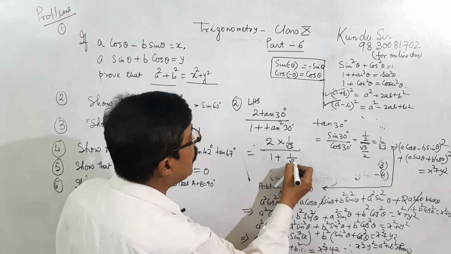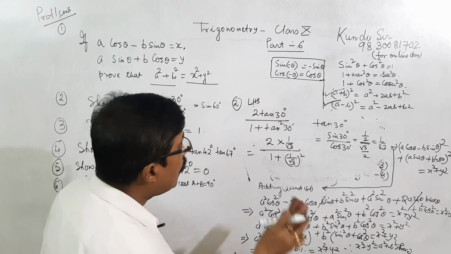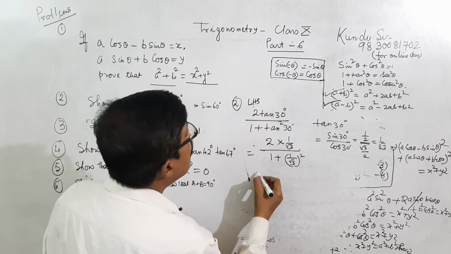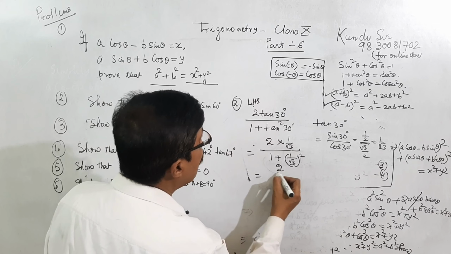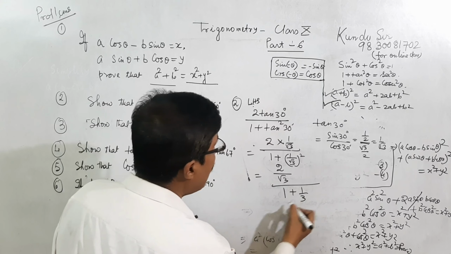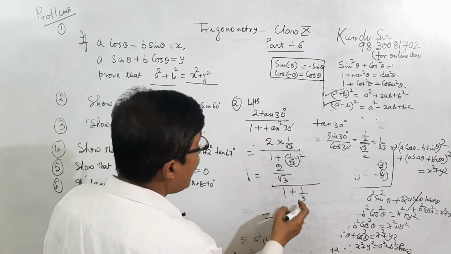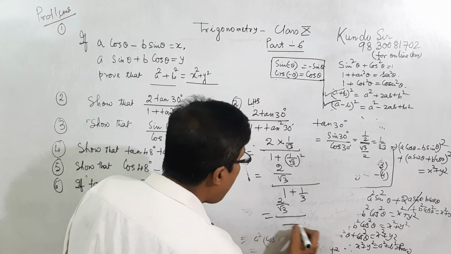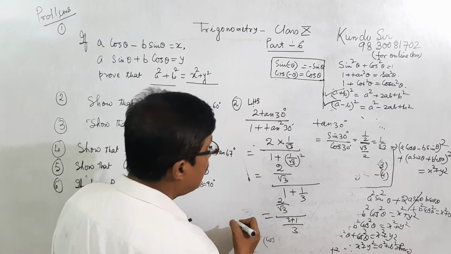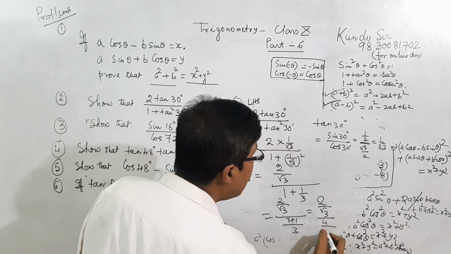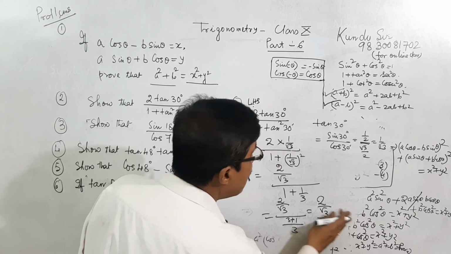So what are we getting? We are getting 2 into 1 by root 3 in the numerator, and the denominator is 1 plus 1 by 3, which is 4 by 3. That is 2 by root 3 upon 4 by 3, equal to 2 by root 3 into 3 by 4.